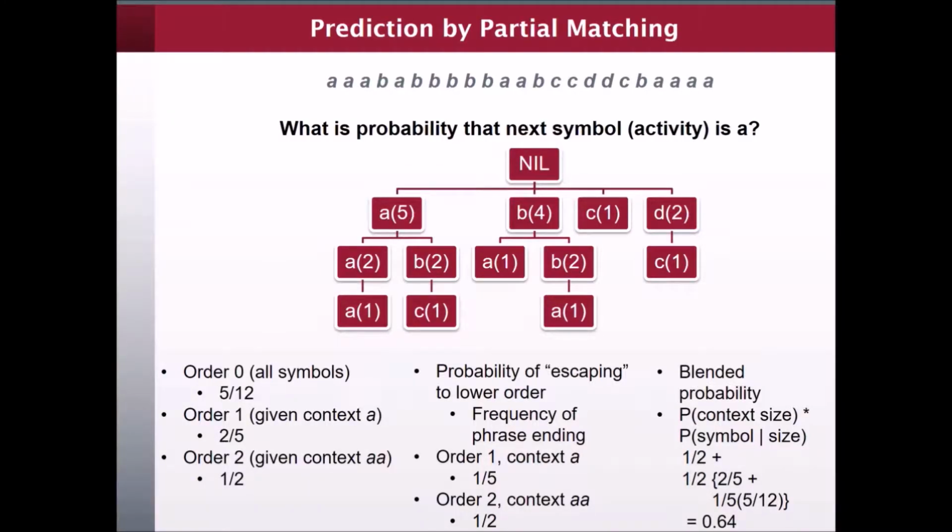The next step is to use this trie that we have created to perform sequence prediction, or in our case, prediction of the next activity. Note that we could go back to the original set of symbols or observed activities and count all the times that a particular activity occurred in different contexts and use that to determine the probability that it will occur next.